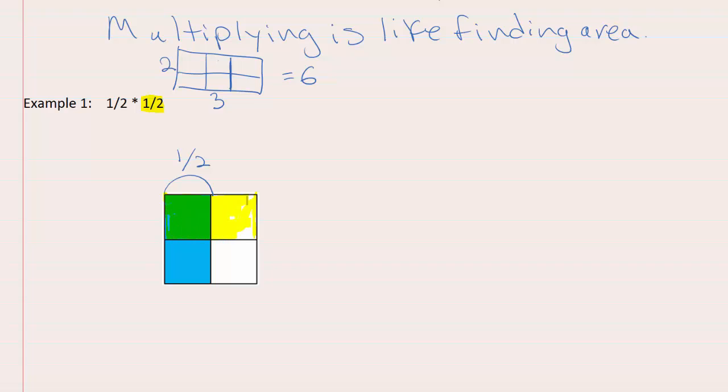And now I've got a square over here that is 1/2 of the rectangle wide and 1/2 of the rectangle tall. So that's going to be 1/4, because I have 4 little pieces over here and I have one of them shaded in as the overlap for 1/2 wide and 1/2 tall.